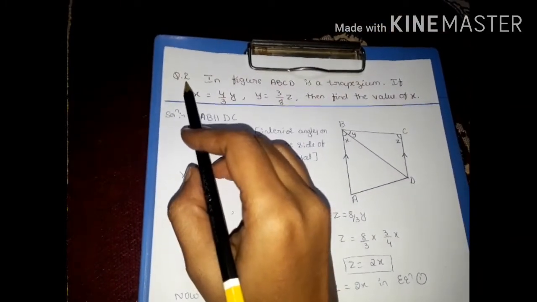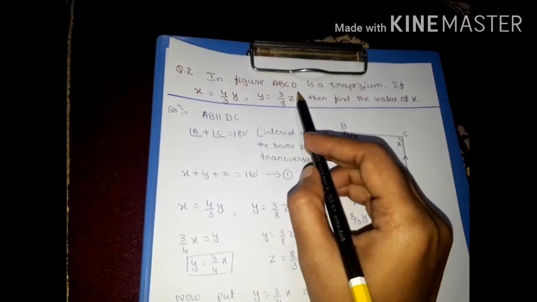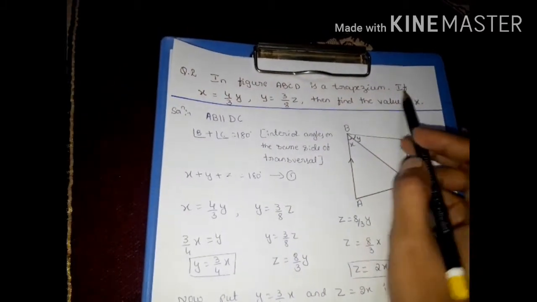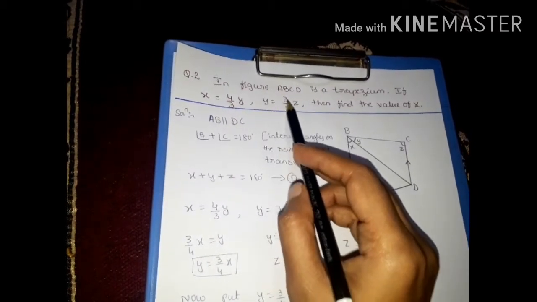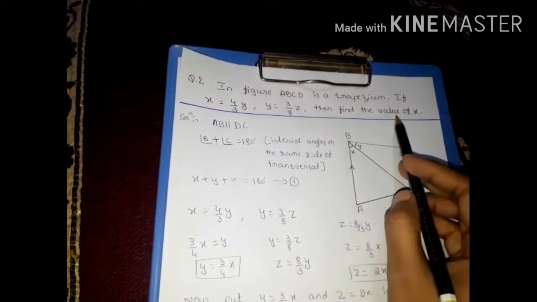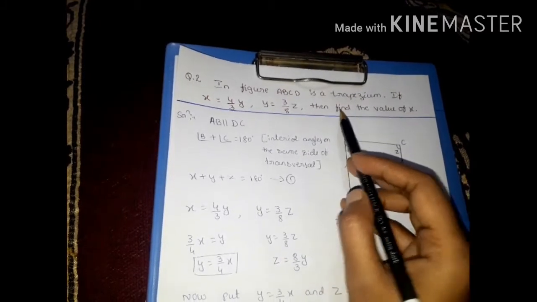Enrichment second question. In the figure, ABCD is a trapezium. If x equals 4 by 3y, and y equals 3 by 8z, then find the value of x.